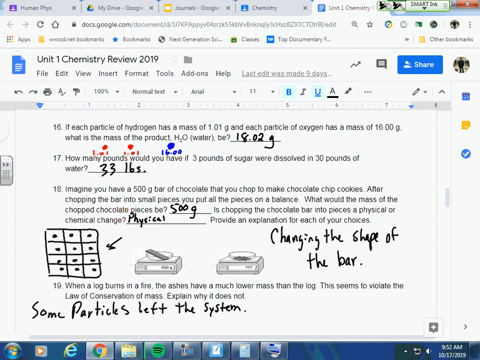And realistically, what you should know by now is that when you burn something, it's a combustion reaction. So actually, we're going to have some particles going into the system as well. If this is the system here, we would have oxygen going into the system for burning it. But then we're also going to have smoke leaving. That has particles, water vapor, CO2. Okay, those things are going to be leaving. So that's 1 through 19 on your review.